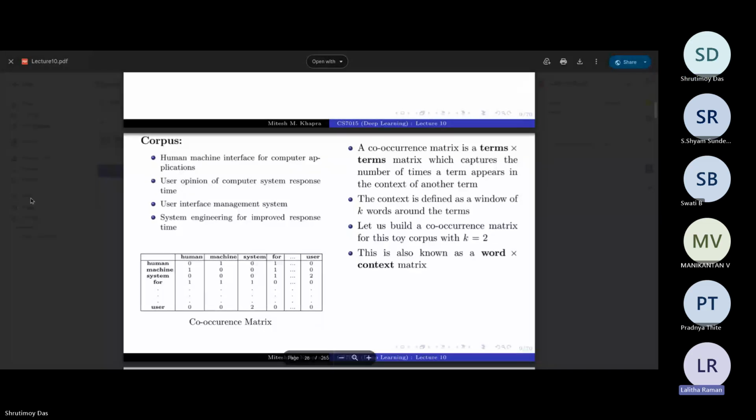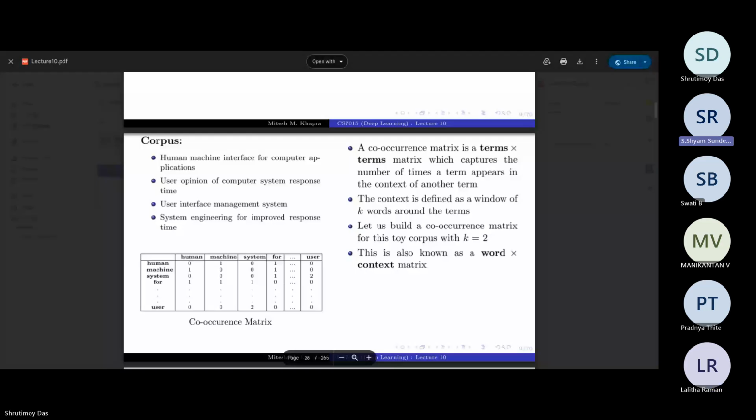I have shared. Can anyone else see it? Yeah, we are able to see, sir. Okay, very good. No big issue. I don't know why I have to leave and join every time you open something.